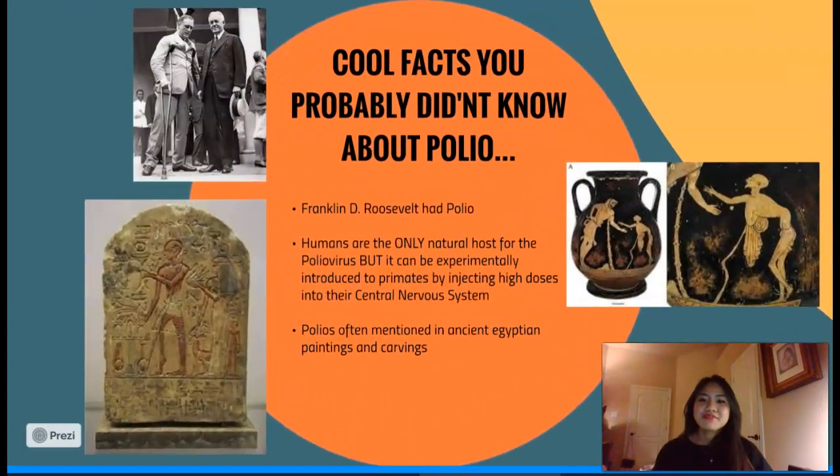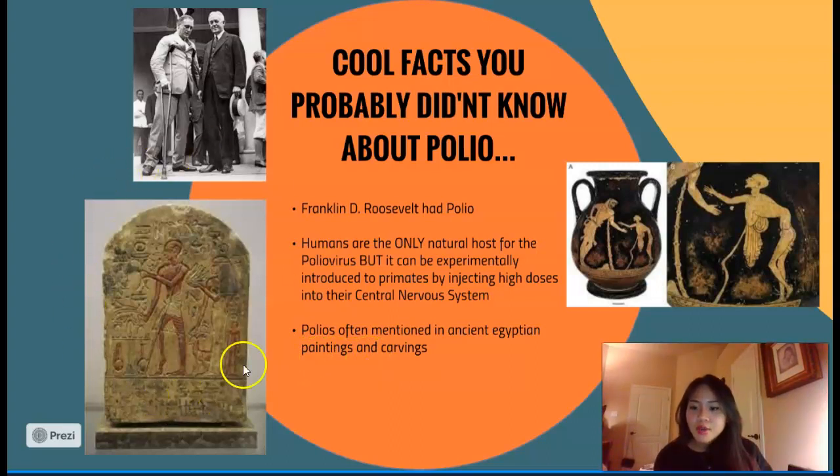And now some fun facts you probably didn't know about polio. Franklin D. Roosevelt actually had polio. In this image, you can see Franklin D. Roosevelt. He seems to have a disfigurement or discomfort in his right leg. Polio is also often mentioned in ancient Egyptian paintings and carvings.